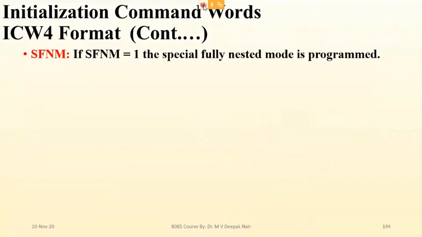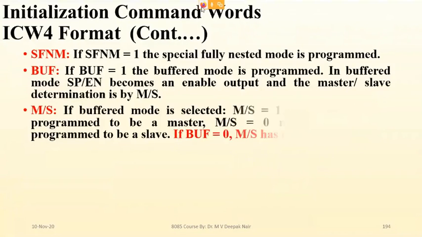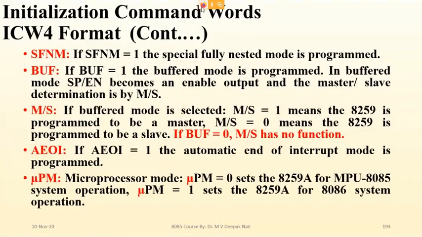Let me check if there is any extra information here. SFNM equal to 1 means special fully nested mode. If BUF equal to 1, it is buffered, and SP/EN will become our master/slave. If M/S is 1, then the 8259 is programmed as a master. If M/S is 0, then the 8259 is programmed as slave.